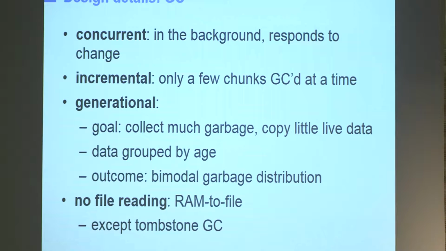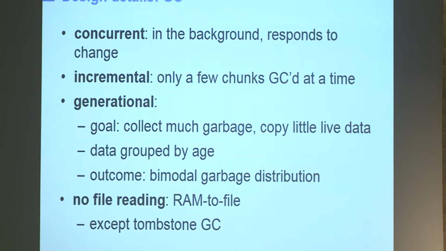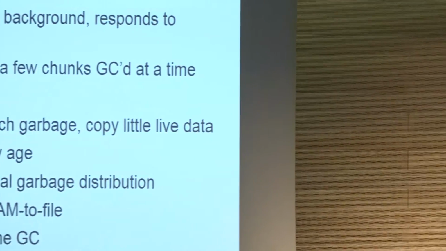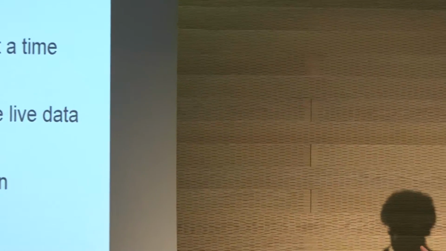We also threw in generational aspect, which means if the user is using your store in a way which is very typical, it very commonly occurs that your write access has this property, which is called the generational garbage hypothesis.